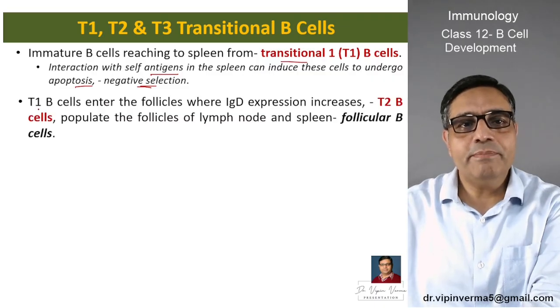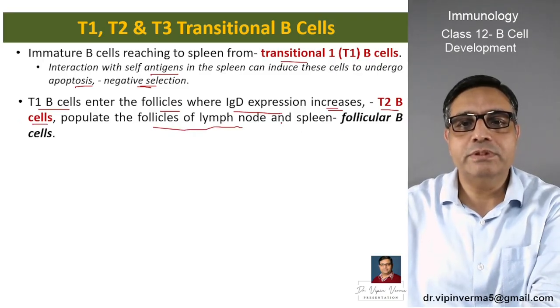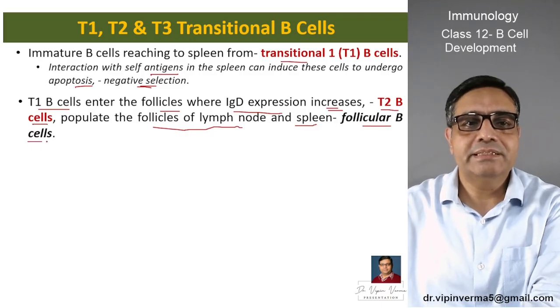Now, when T1 B cells enter the follicles where IgD expression increases, they become T2 B cells, and these T2 B cells populate the follicles of lymph nodes and spleen, and they become the follicular B cells.